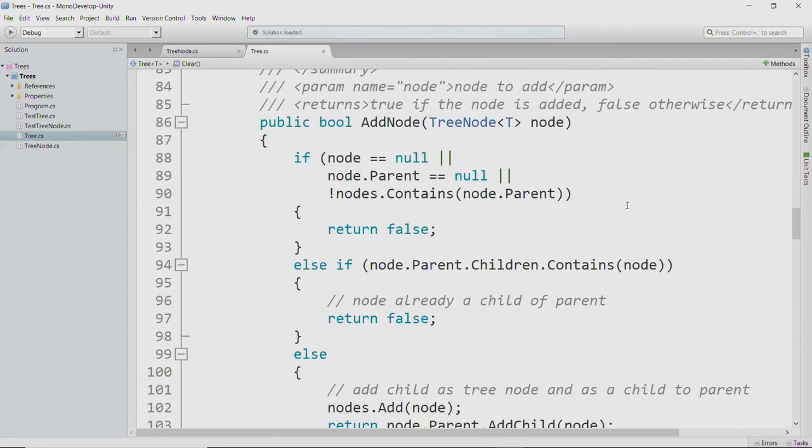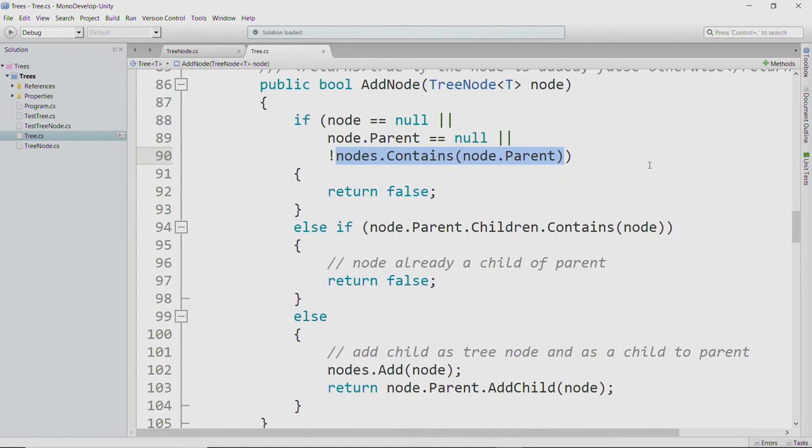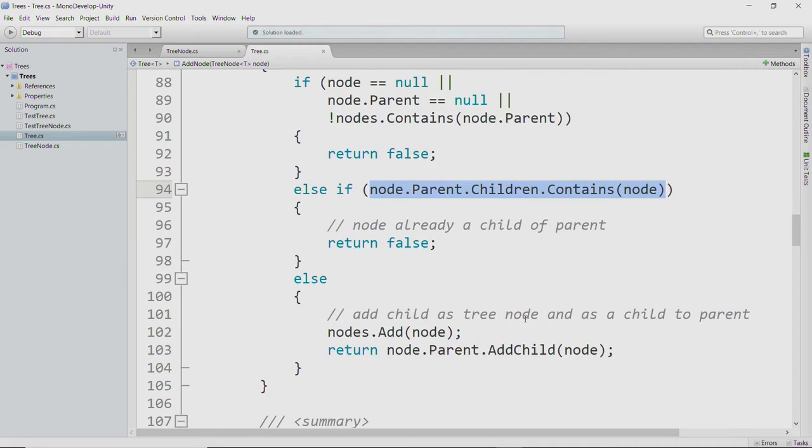To add a node to the tree, this costs us order n in the number of nodes in the tree. This costs us order n in the number of children for the parent node that we're adding. And in the worst case, the parent is the root node and all of the children are siblings. They all have the root node as the parent. So in that worst case, this would also be order n in the number of nodes in the tree.